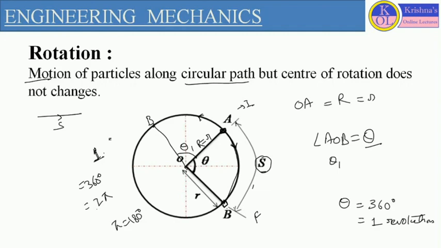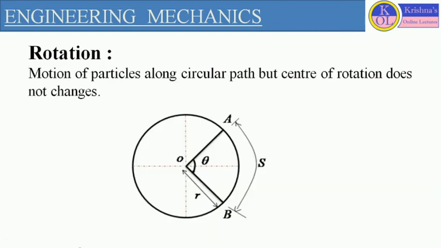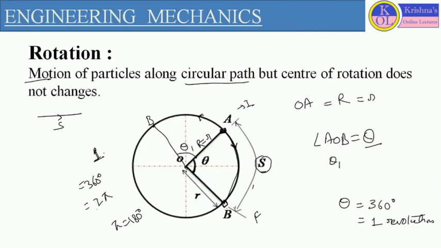As I told you, this is the relation between radians, degree and revolution. And if this particle is at point A and it is moving along this circle and coming back to its original position, this is called one revolution, and this revolution will complete in a particular time.